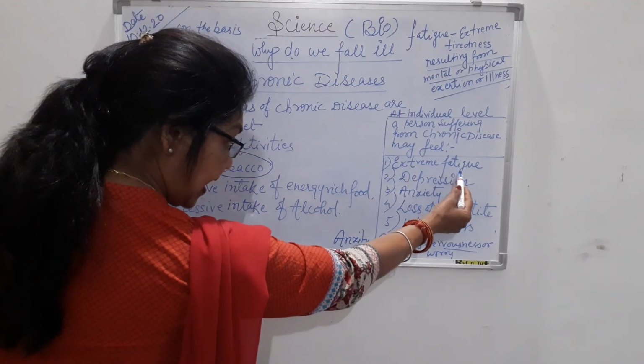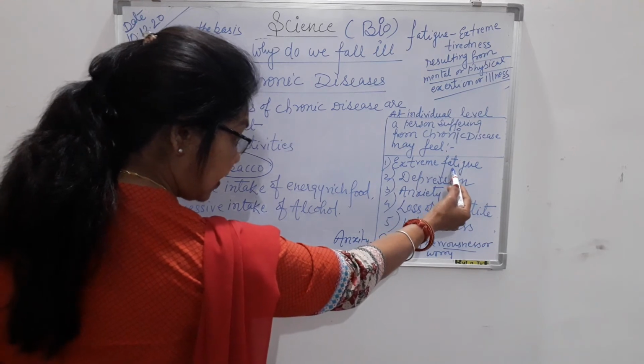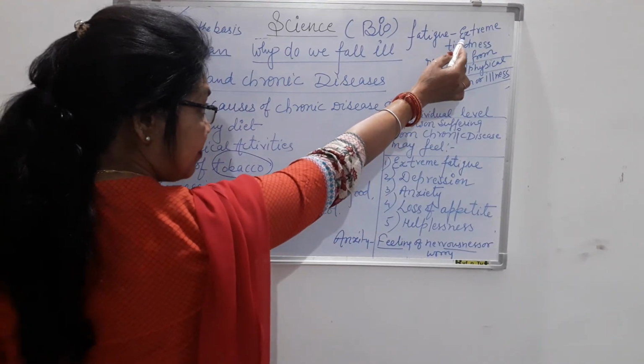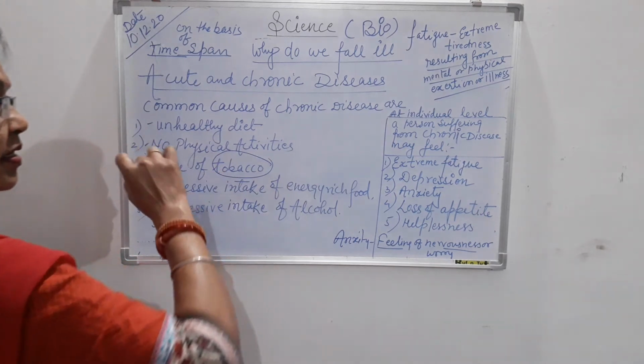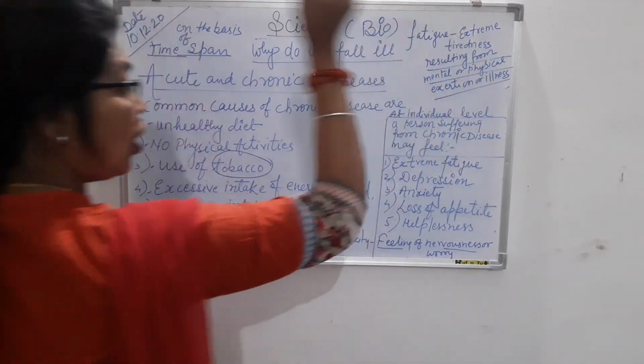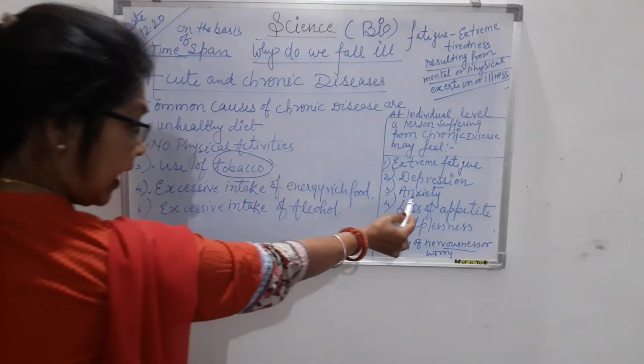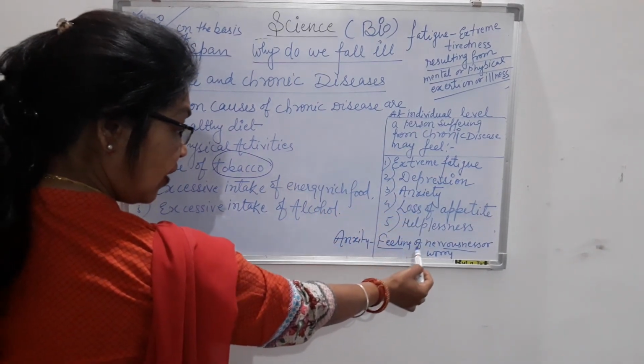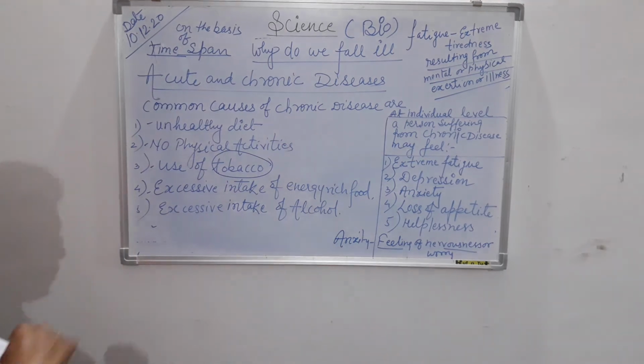So if we talk about an individual level, a person who is suffering from chronic disease may feel, number one, extreme fatigue. What is the meaning of fatigue? That is extreme tiredness resulting from mental or physical exertion or illness. Number three, anxiety, meaning feeling of nervousness or worry.